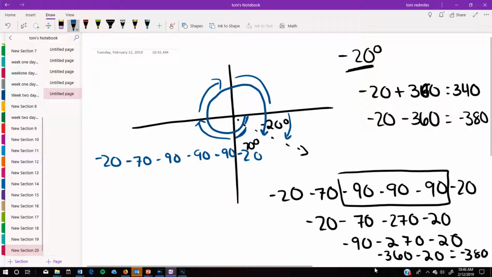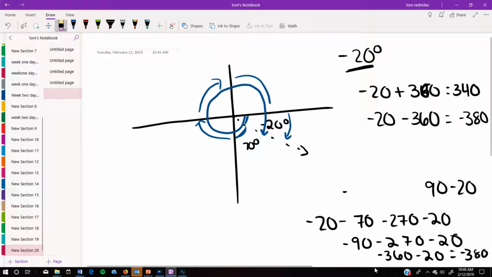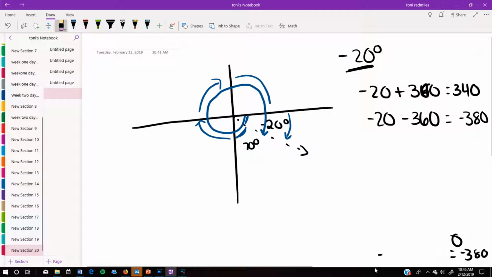Now, sometimes teachers will say, oh, we're going to make it a little bit harder. I want you to give me the two positive angles for negative, not 320, for negative 20. So there's a couple different answers to this that I could do. I could do negative 20 plus 360, so I get my first one, which I already got, of 340.